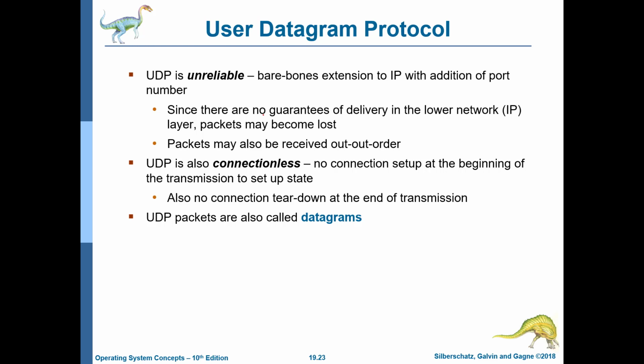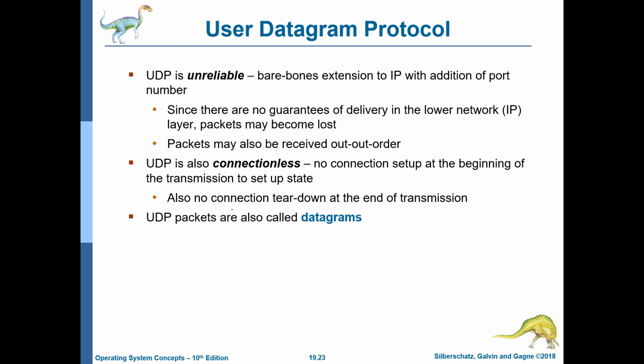And furthermore, there is no need to maintain a connection between the sending machine and the receiving machine. So no connection is set up at the beginning of the transmission to set up any kind of state at both sides. So pretty much you send packets and then you tear it down.